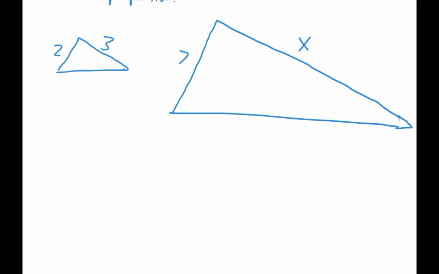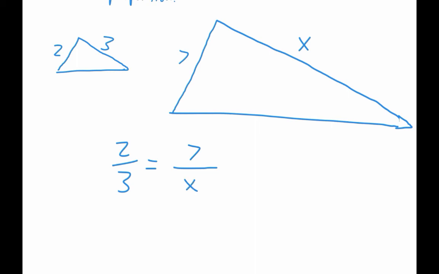All right, so if we take this ratio of sides, do you agree on this first one? I could say 2 over 3. If those sides form a proportion, I could make this equal to this larger triangle. But if I do 2 over 3, what side has to go up here, my 7 or my x? 7, because 7 corresponds with the 2. Those are going to be the same spot. And then my x would be in my denominator.